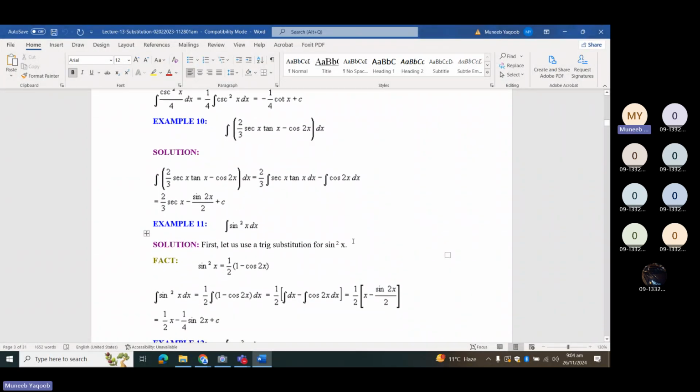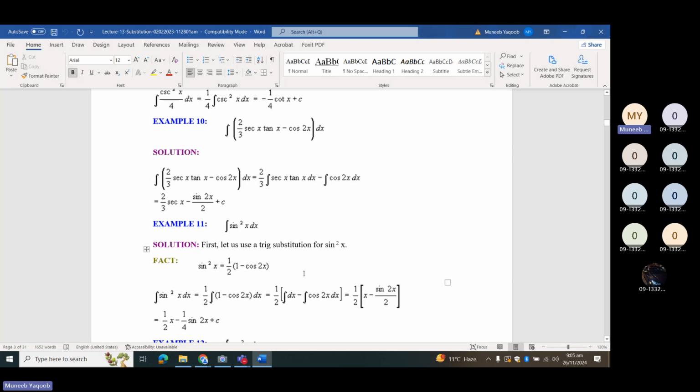Okay. Now coming to another example, example number 10. In example number 10, we are to integrate 2 upon 3 times secant x tan x minus cos of 2x. So we are to integrate this function in example number 10, 2 upon 3 secant x tan x minus cos of 2x.